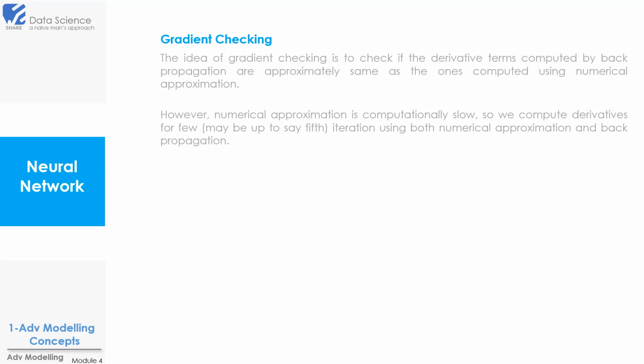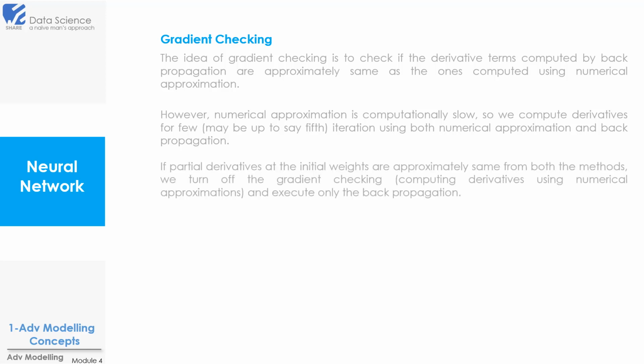So up to 5th iteration, we use both numerical approximation and backpropagation. After that, we check if partial derivatives at the initial weights are approximately same from both the methods. Then we turn off the gradient checking and execute only the backpropagation. Because now we know that we are moving in the right direction. So that was the whole purpose of gradient checking. It guides us in calculating the optimized weights.